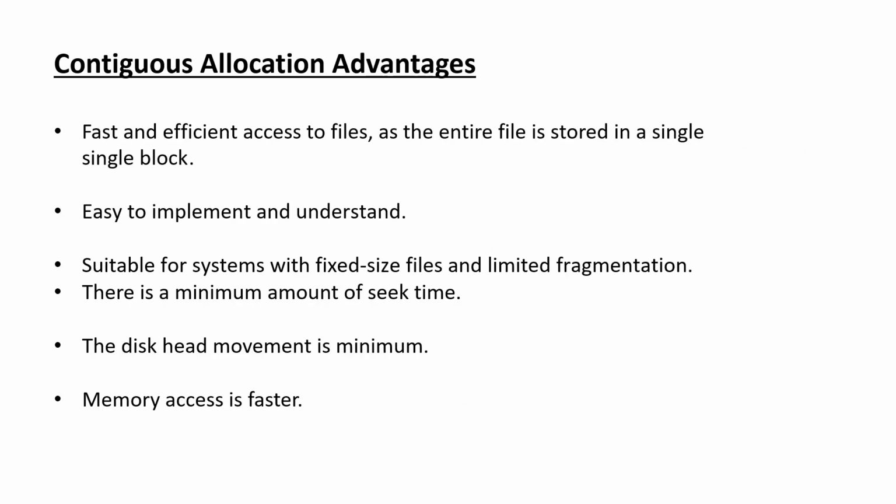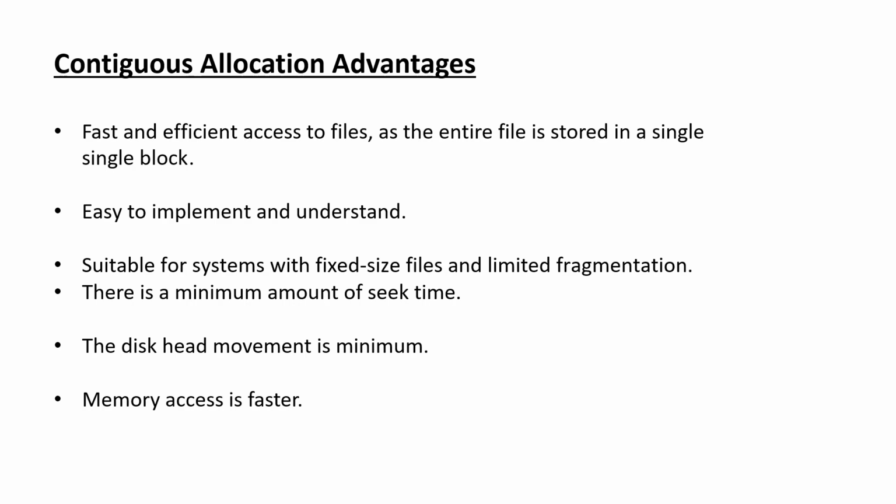So looking into the contiguous allocation advantages. The first one is simplicity and efficiency. Contiguous allocation is simple to implement and efficient in terms of accessing and retrieving data. Since the entire file is stored in a single block, there is minimal overhead in tracking and managing file fragments.